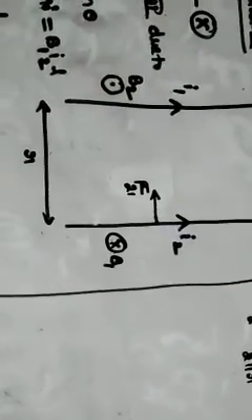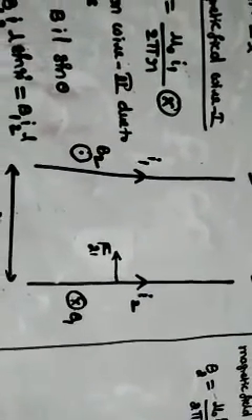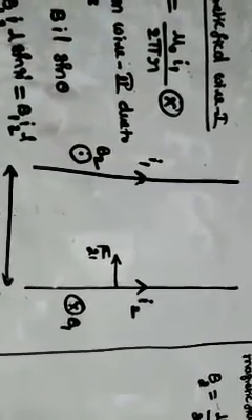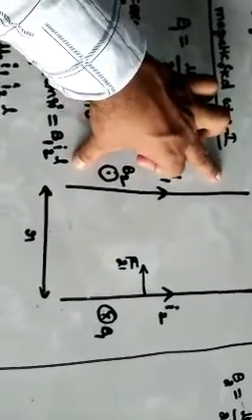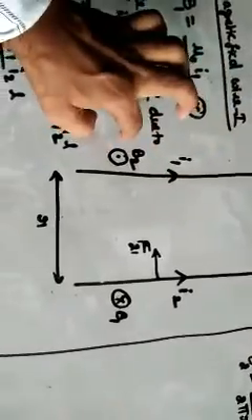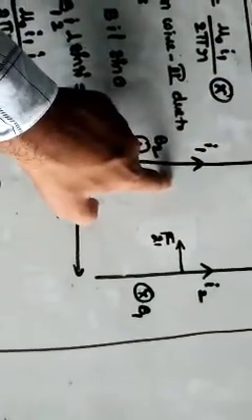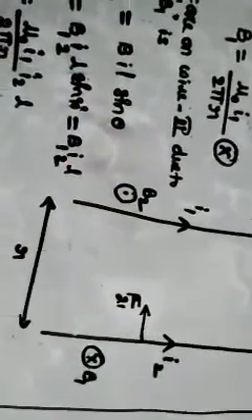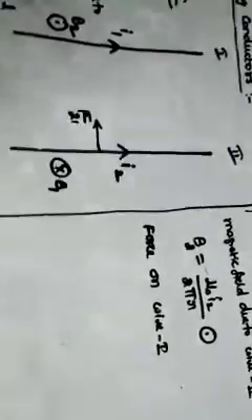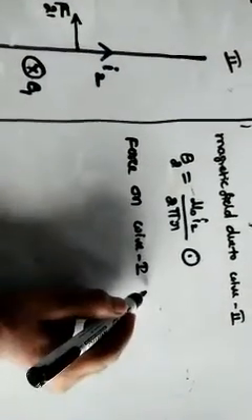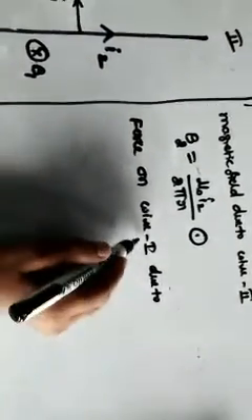Now in this magnetic field B2, the first wire of length L carrying current I1 is kept. So automatically force will act on this first wire. Same story: force on wire 1, the current carrying wire, due to magnetic field B2.